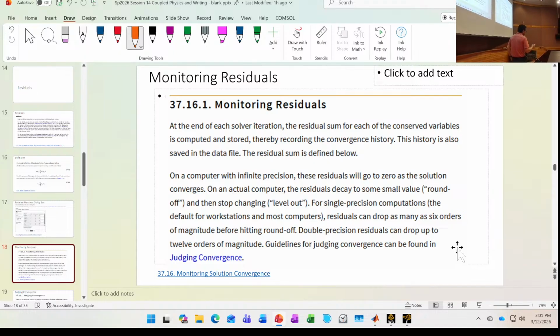You're not really going to put down 10 to the minus 12 for most problems, even when you go to double precision, at least for this class. But the idea is that you get to specify when enough is enough, when the errors that you have are below what they should be, when you're conserving the quantities of choice.